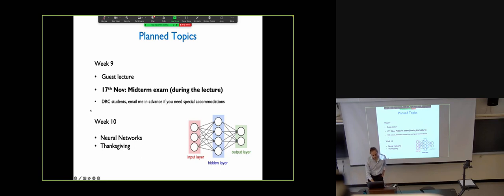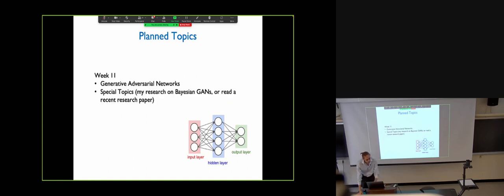Week 10 we'll do neural networks, and then we'll have Thanksgiving, so we'll have a class off. Thanksgiving falls on a Thursday, so we won't have a class then. And then in week 11, if we have time, again tentatively, we can go through generative adversarial networks, GANs, and maybe we'll do another special topics class.